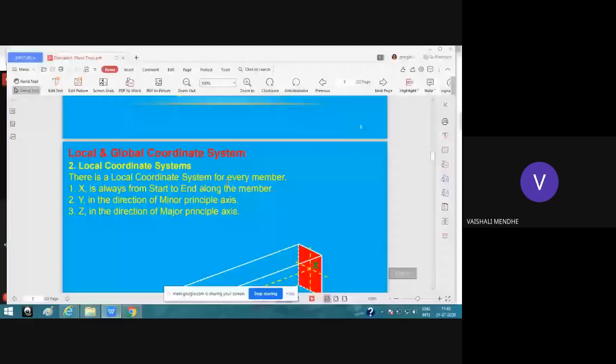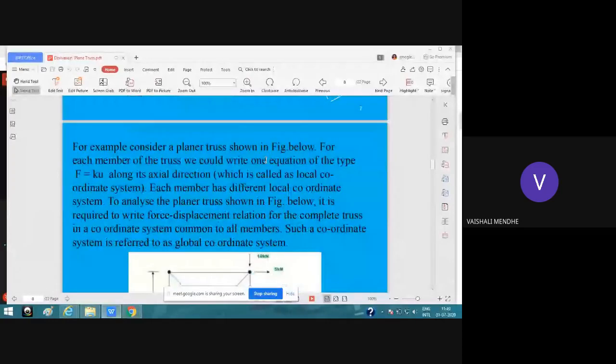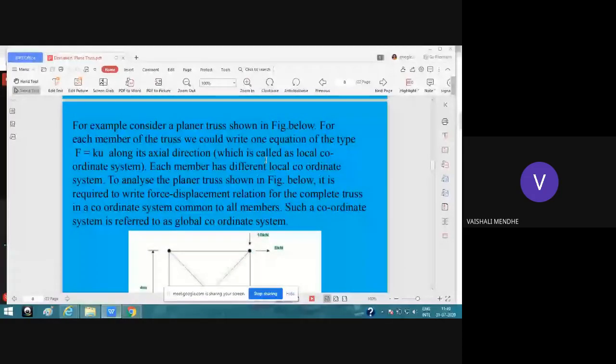Referring to the second small figure, that is a local coordinate system. So for example, consider a planar truss shown in the figure below.